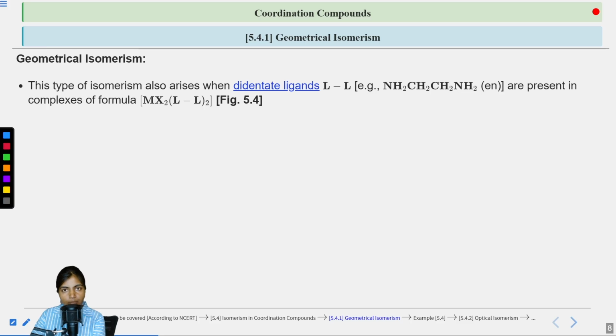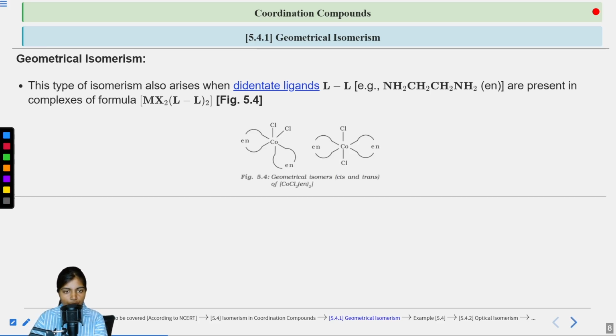If you have a complex of type MX2(LL)2 where LL is a didentate ligand, that means two donor atoms are present in the same ligand, for example en, that is ethylene diamine, NH2CH2CH2NH2, then geometrical isomerism can also arise.